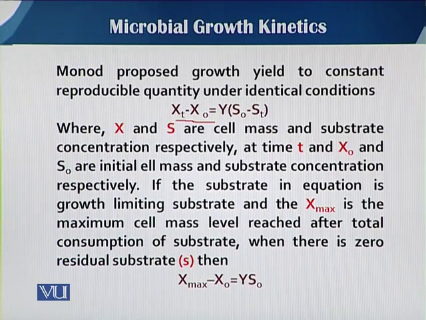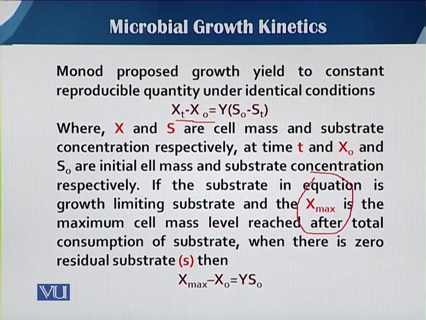When there is a maximum utilization of the substrate, we can say that the specific highest growth rate constant, which we call mu max, is achieved, and there is a constant increase in the biomass until the substrate is exhausted.